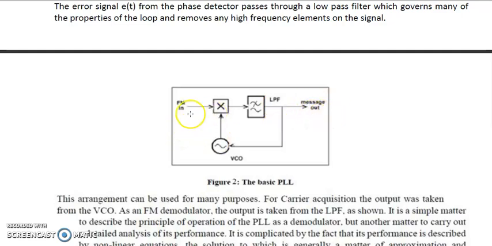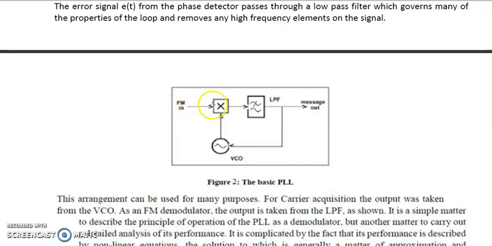As we know, if the modulating message signal has lower magnitude, then the frequency modulated signal has lower frequency, and if the message signal has higher amplitude, then the frequency modulated signal has higher frequency.